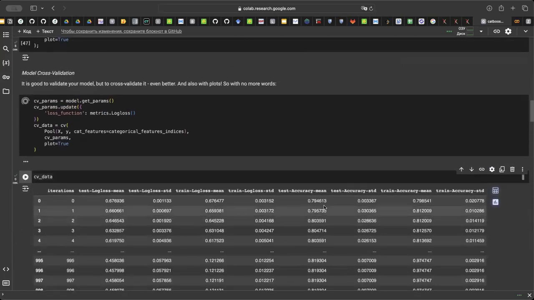Okay, and now we start cross-validation. What is cross-validation? What is the main idea of it? Can someone tell me, please? It's used to validate our model, in which we divide our data into groups, and we iterate over our validation set.